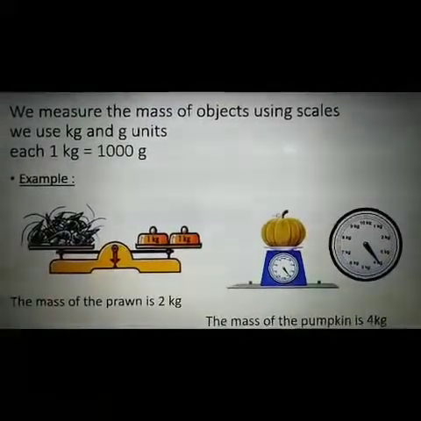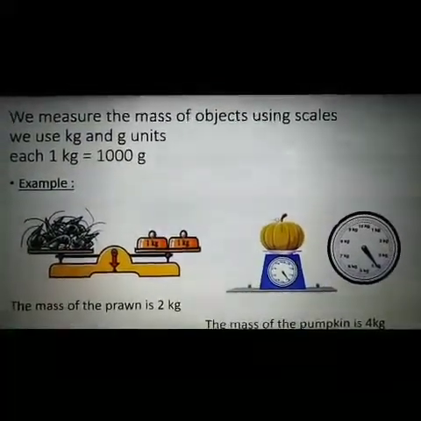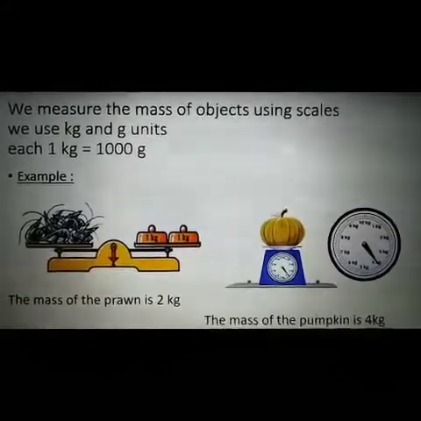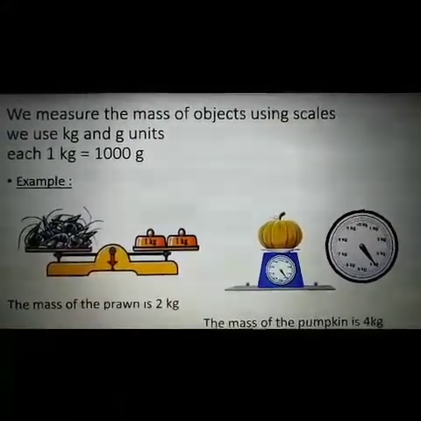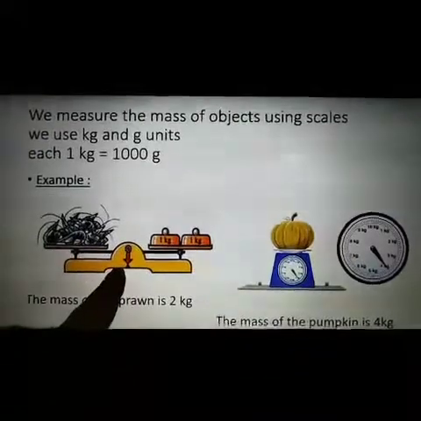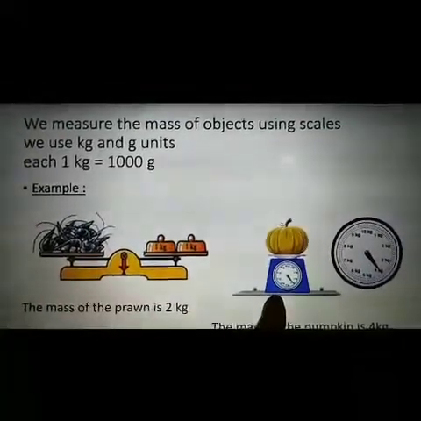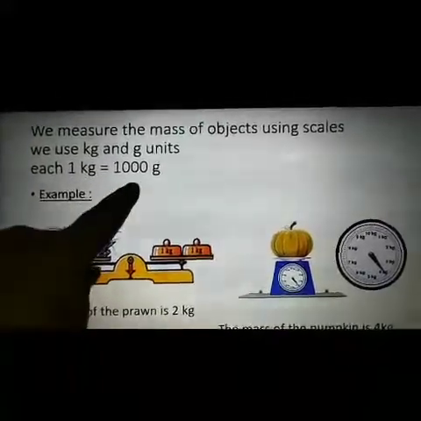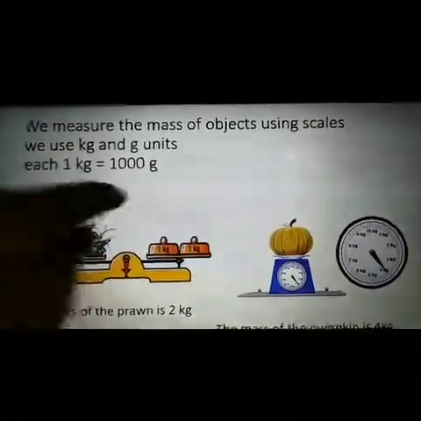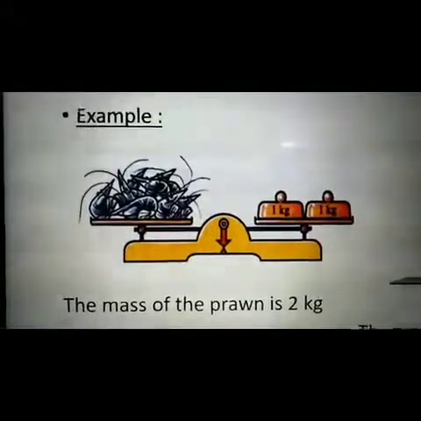We measure the mass of objects using scales, and we use the kilogram and gram units to measure the mass. This is a type of scales, and this is another type of scales. Each 1 kilogram equals 1,000 grams. Look at the first example.